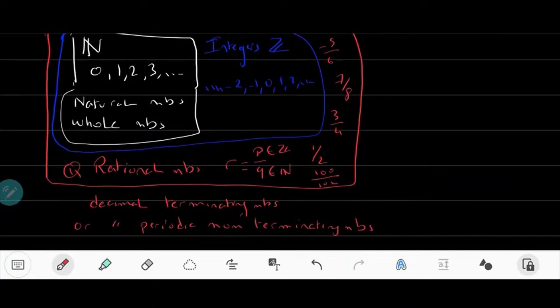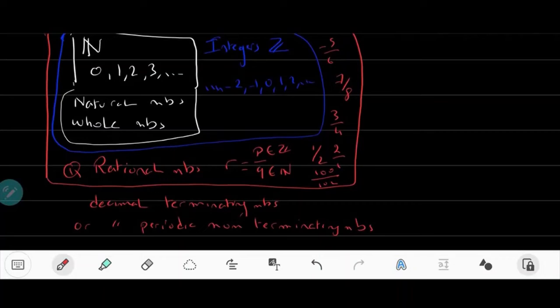numbers. Okay, so in the rational number set, of course we have the integers, because any integer can be written as a ratio of two integers, like for example 2 over 1, it's the number 2.